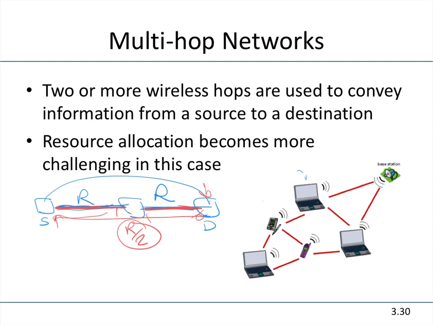And this makes the problem of radio resource management in multi-hop networks really a daunting problem. A real complex problem. Imagine if you have radio resources on each of these links and you need to control how you provision the resources on these links.